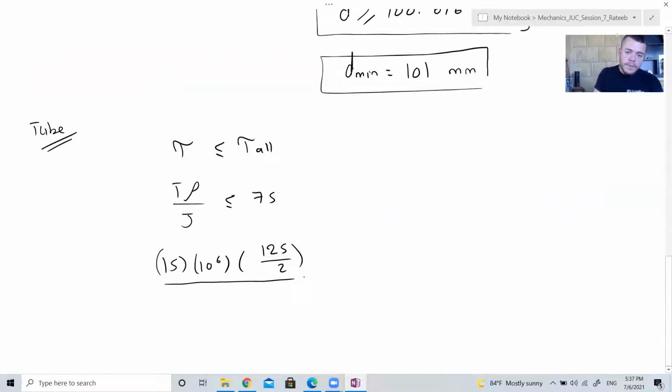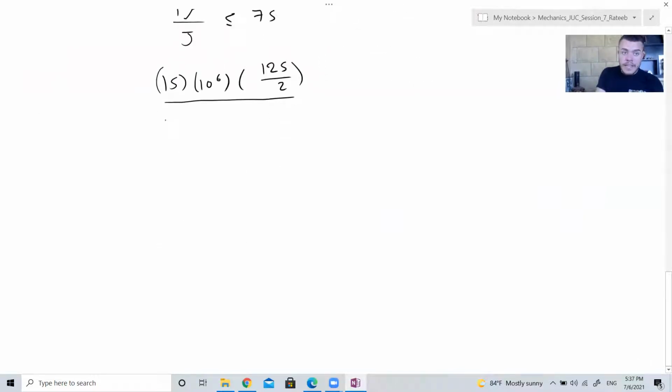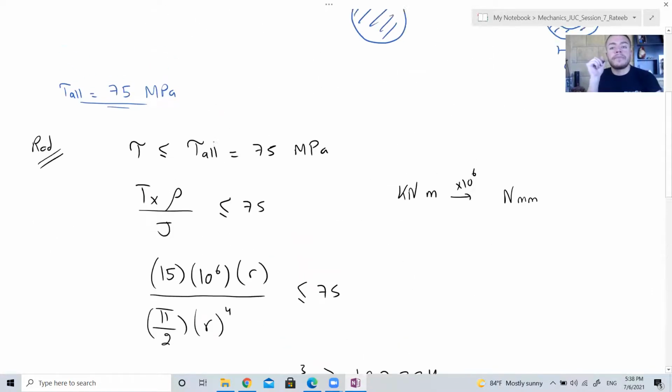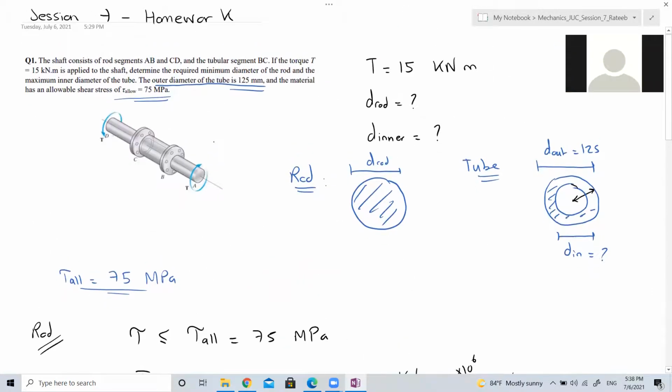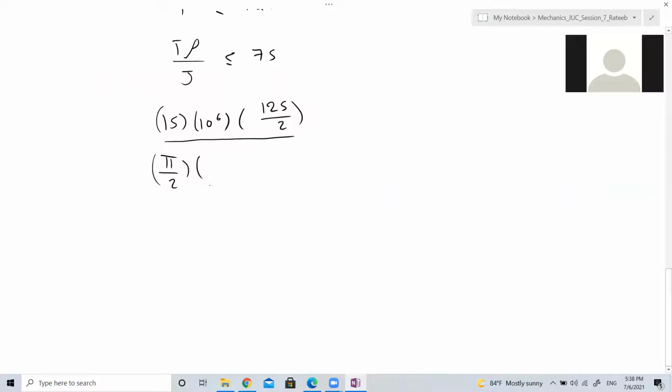Be careful. Over J, in this case, is going to be pi over 2. Now what do you take for J? I take pi over 2 times the outer, which is 62.5 to the power 4, minus the inner, which you need to find, to the power 4, less than or equal to 75.